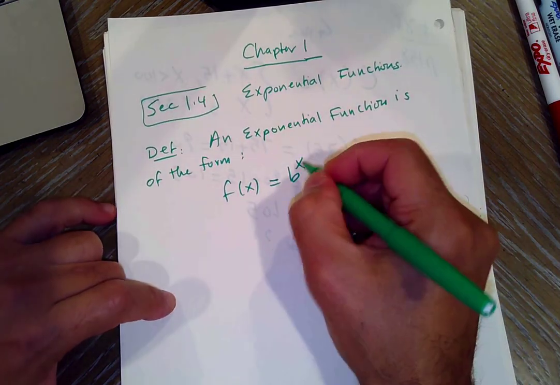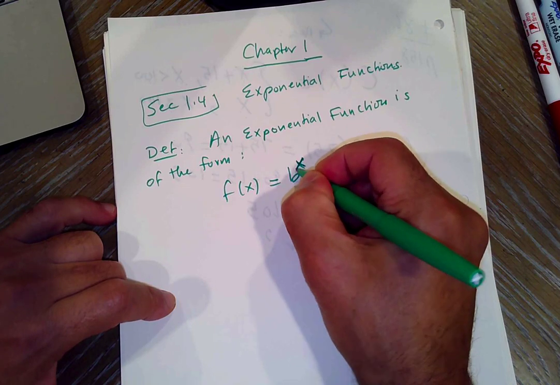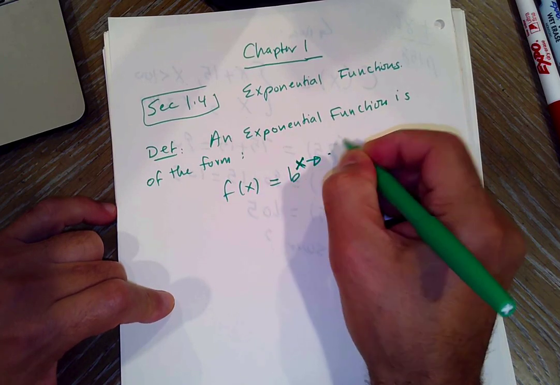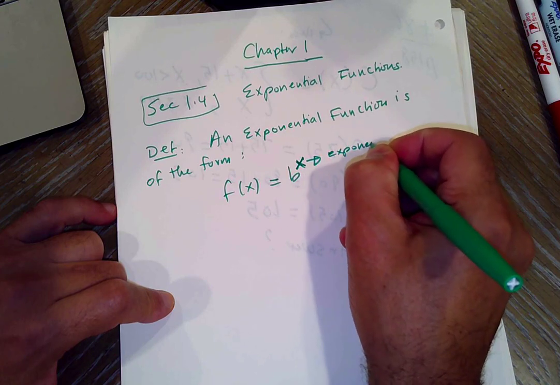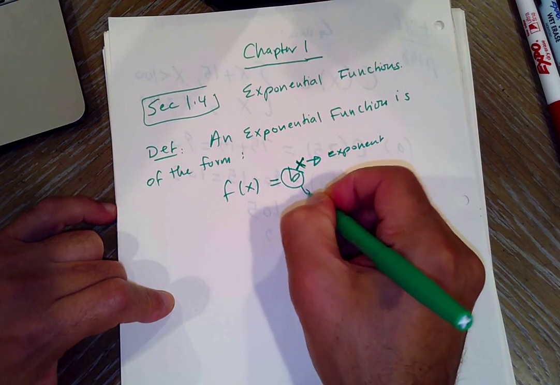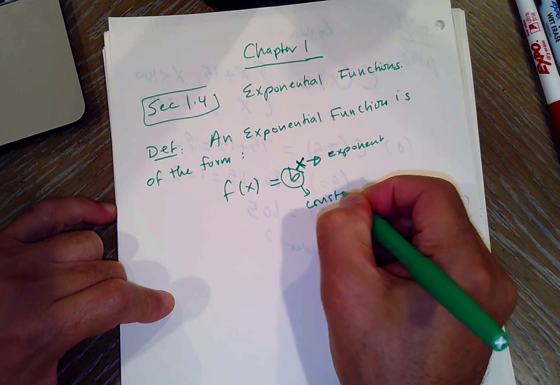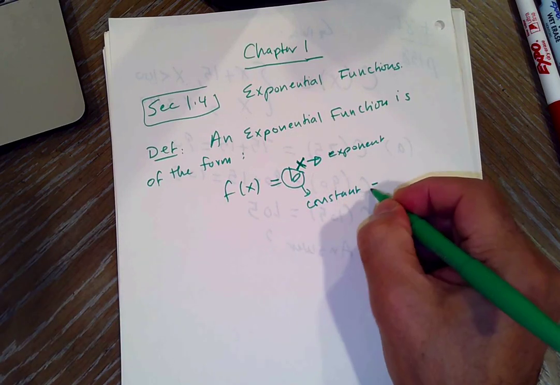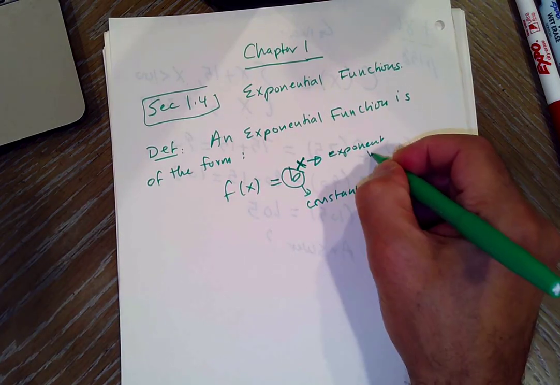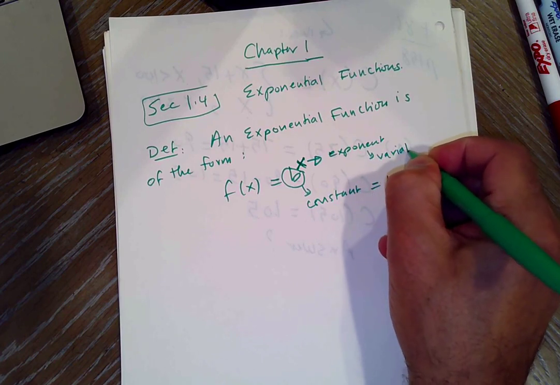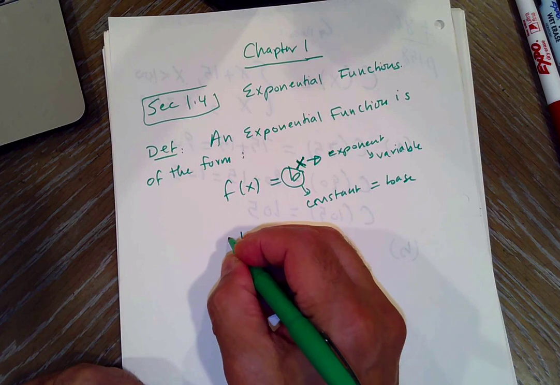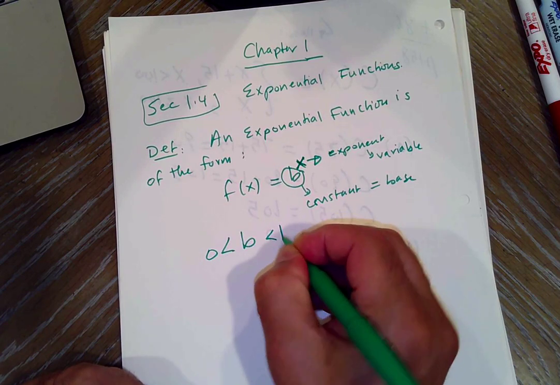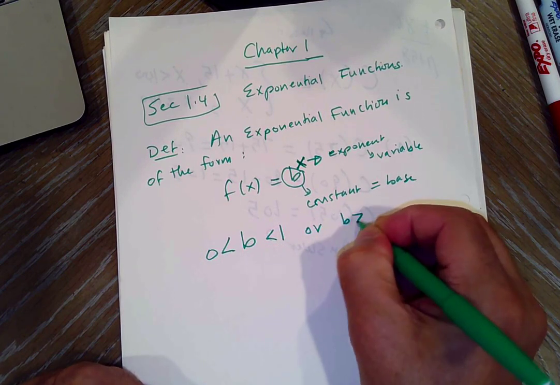Notice that here the exponent is a variable and the base is a constant. The base is a constant. Exponent is a variable. Well, the base cannot just be anything. The base has to be either between 0 and 1 or greater than 1.